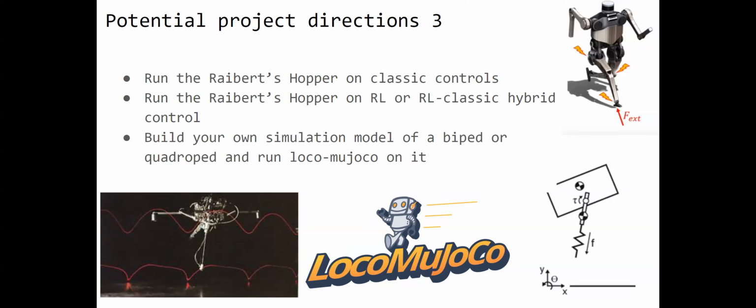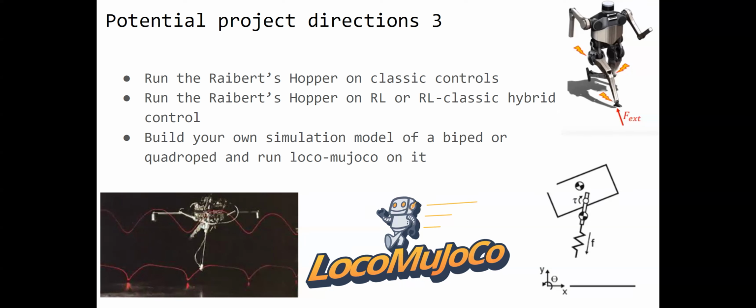Second is to run a rabbit hopper over reinforcement learning or use some kind of hybrid type of control. If you want to work with some kind of control, you can. I think you understand what I mean, because I'm not a specialist in control. Absolutely, I'm just scratching the surface. If you know what to do, you just write a more elaborate discussion.